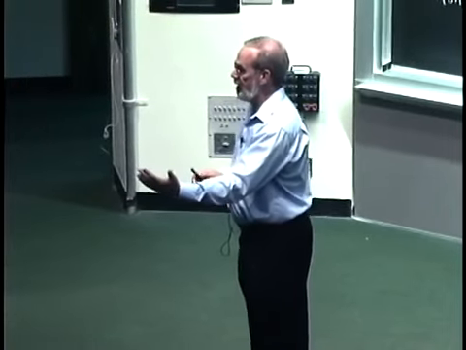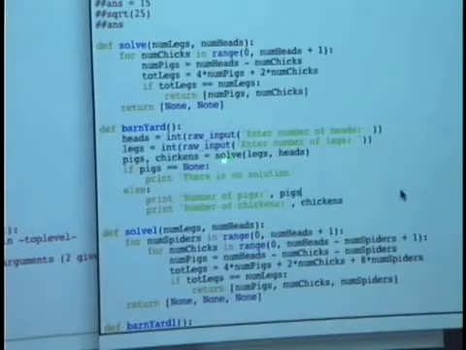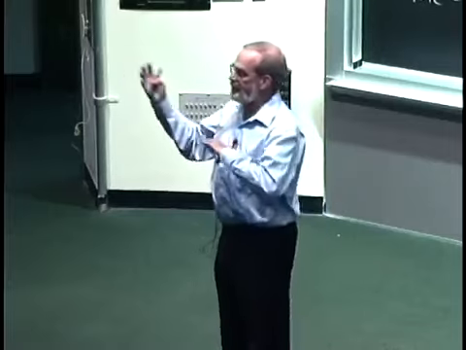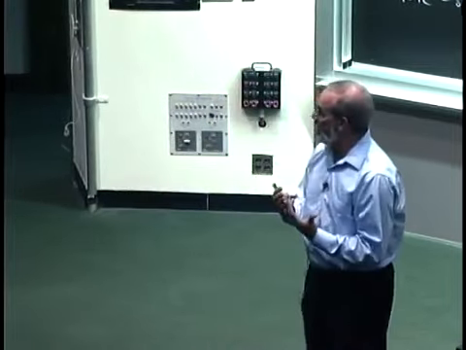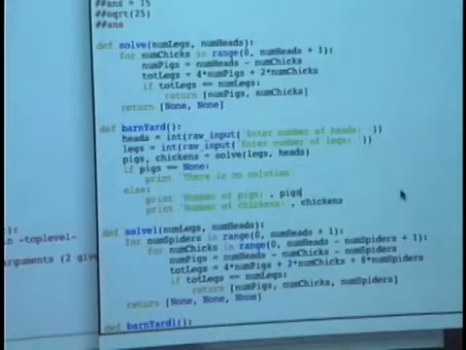So in particular, what solve returns is a pair. It could be the pair of none, none. It could be the pair of whatever the answer was that we put up there. That value comes back out and is now available inside the scope of Barnyard. And Barnyard then uses that. Question?